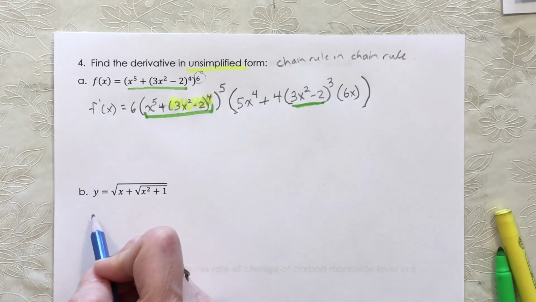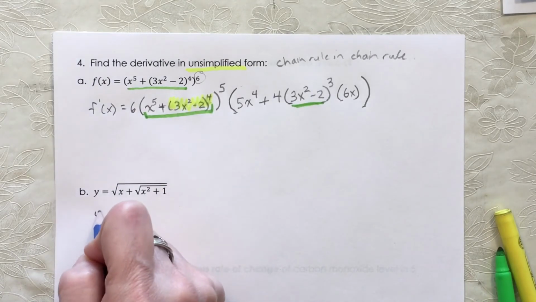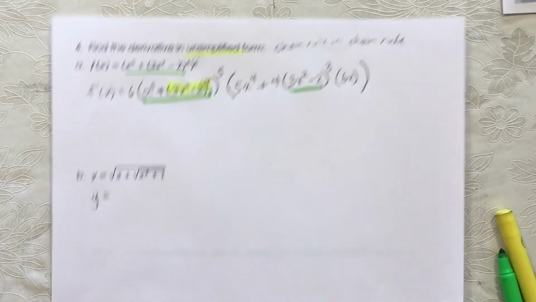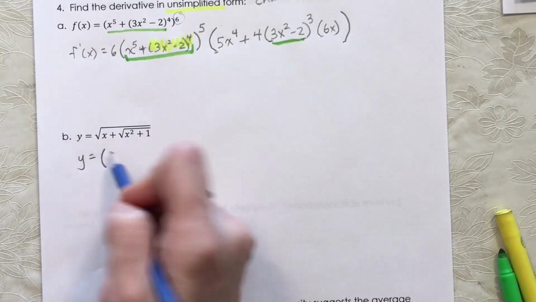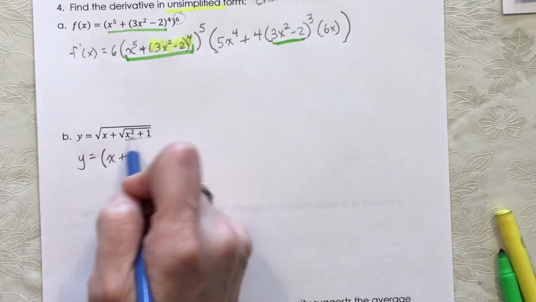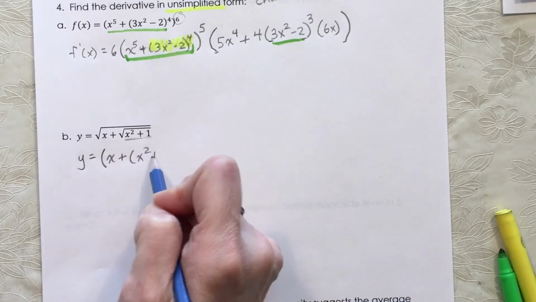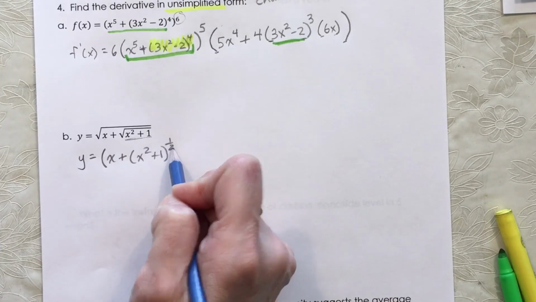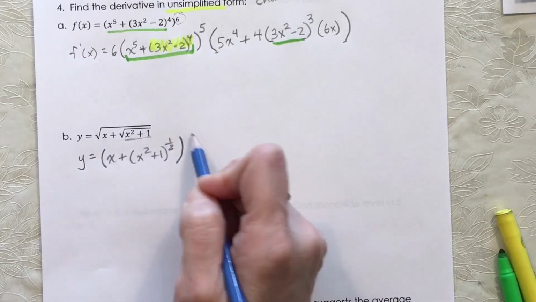Okay, so this one's similar, but it's not ready to derive yet. We want to first write it in exponential form. So we've got a bracket, and then here's this x plus, so then I'm going to do this part, x squared plus 1 to the half, then close my bracket, all to the half.